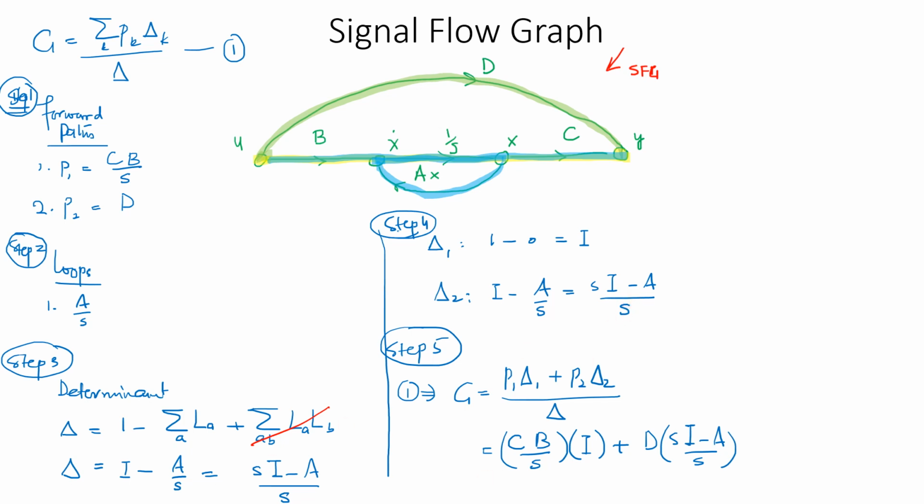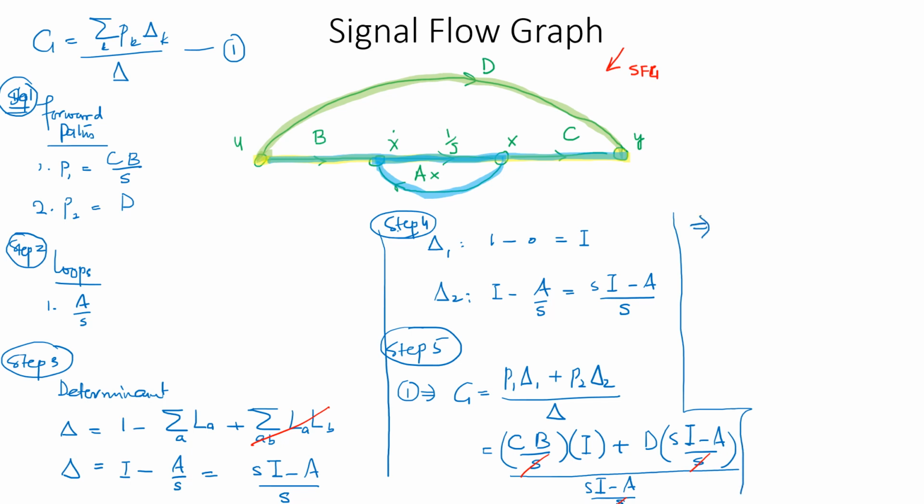So that is written and then divided by the determinant, which is also already computed, Si minus A over S over here. Now with this realization that you have got S appearing over here and over here, which can be cancelled with the S over there, so I can now once again rewrite this whole expression.